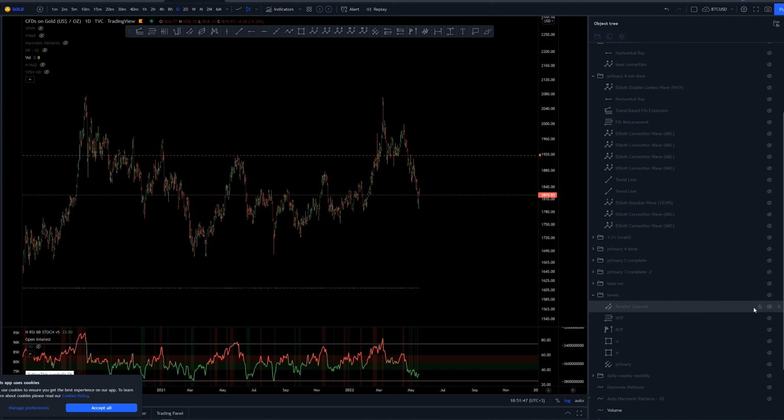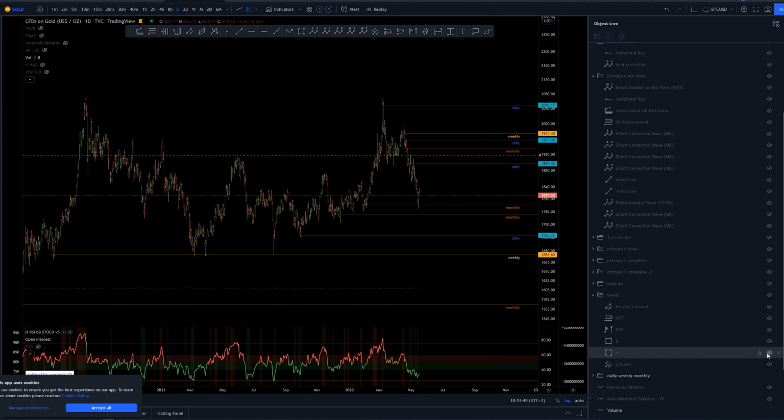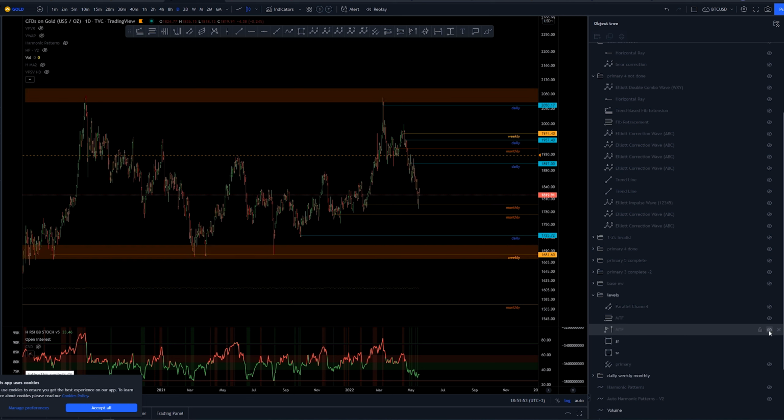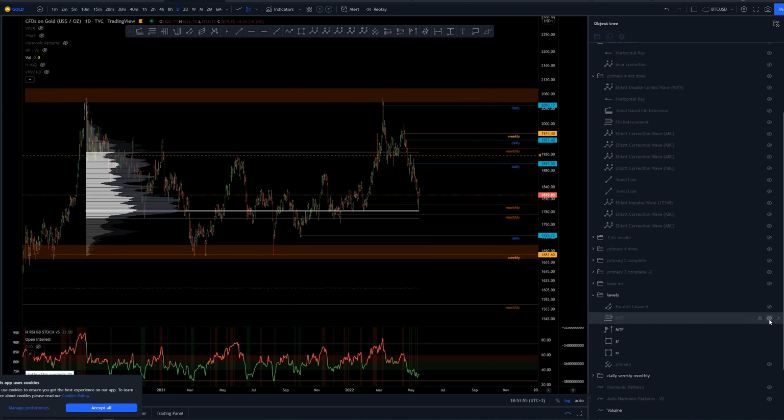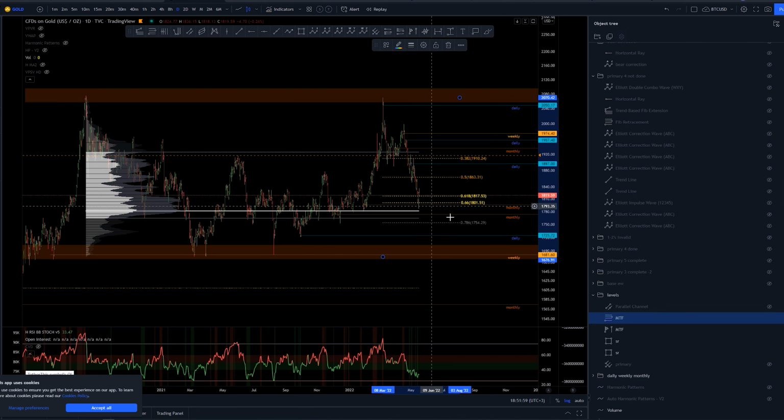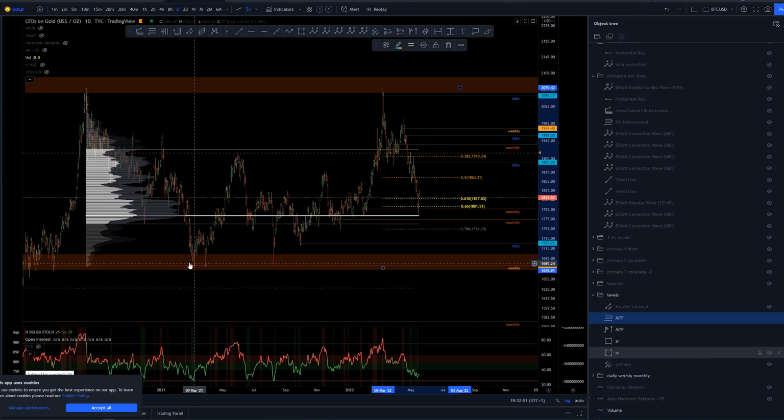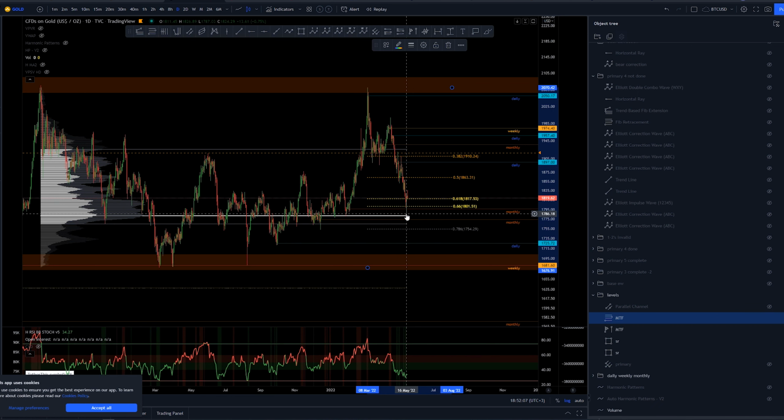Let's get going. So first, let's plot down some weekly, daily and monthly closes, some support and resistance areas, a volume profile and a Fibonacci retracement from these lows to the current highs that we have here. What we can see is that we basically just front ran this point of control here.